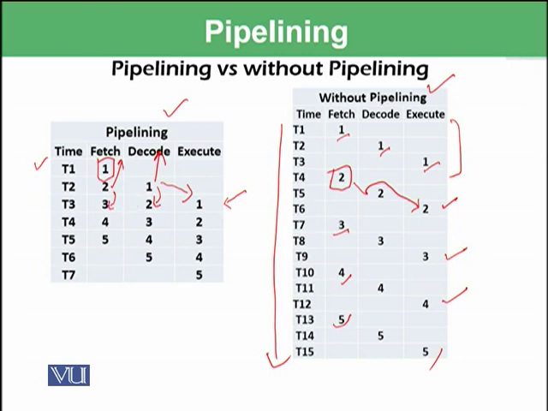So in such a scenario, we finish the execution of all 5 instructions in only 7 time slots. If this time is in nanoseconds, it means here we required 7 nanoseconds, and without pipelining we need 15 nanoseconds for just 5 instructions.